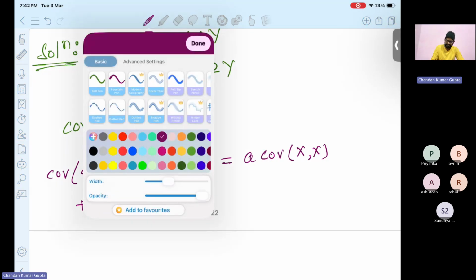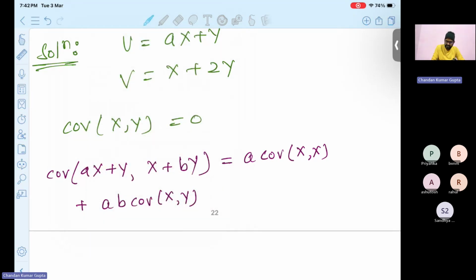See what I am doing: this is the first case, then the second case, so ab covariance of xy. The next is plus covariance of yx, and the last one is plus b times the covariance of yy. So this is the formula.